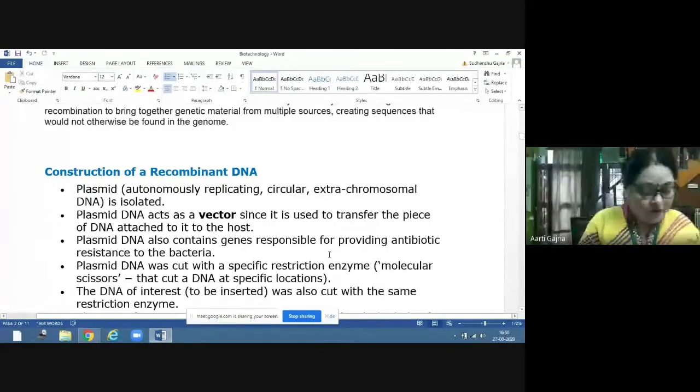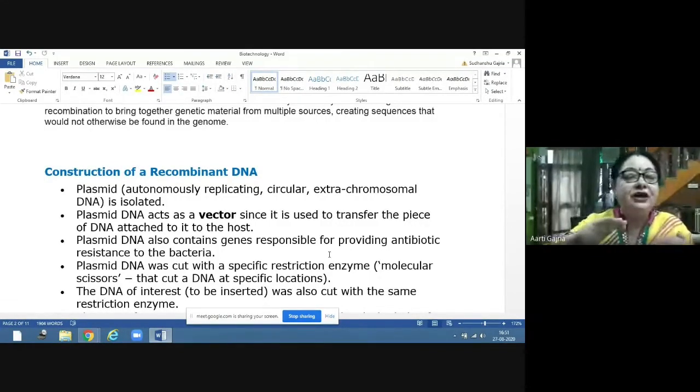Now, the first recombinant DNA which was formed was formed by inserting the gene for antibiotic resistance. The desired gene was antibiotic resistance, and that gene was put into the microbe, the bacteria.